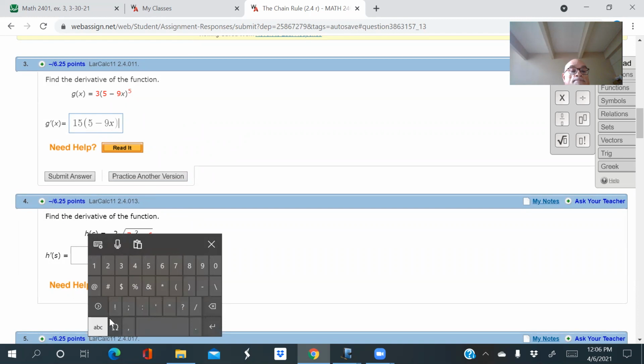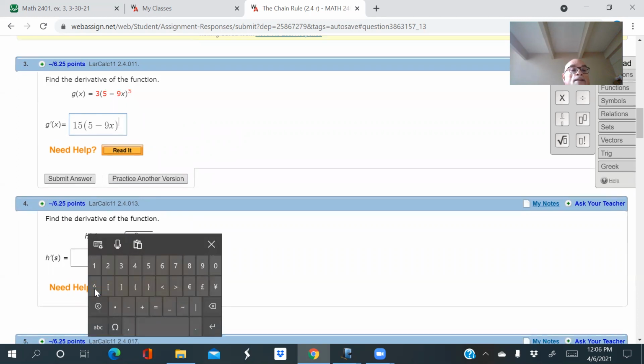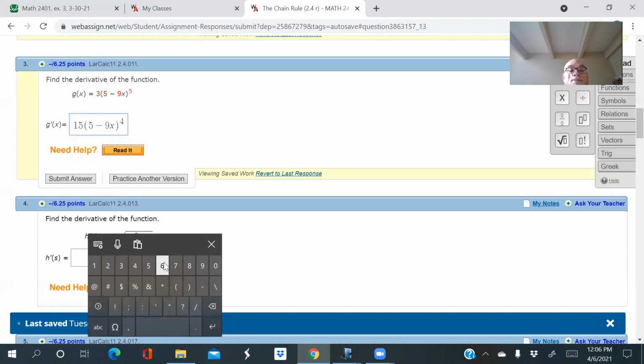How do I get a 4th power out of this? Yeah, raised to the 4th power, because I subtract 1 from the exponent. But then at the end, we have to remember to multiply in the derivative of 5 minus 9x, which is minus 9.